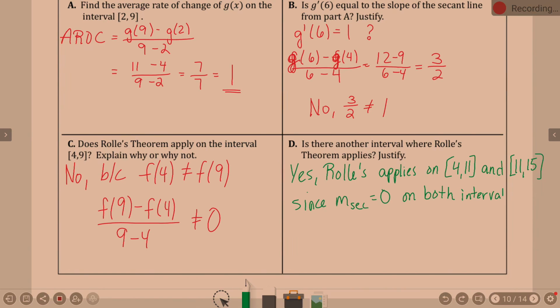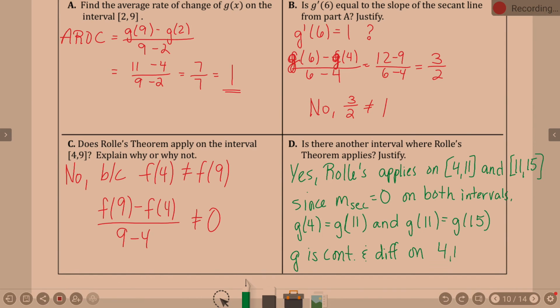You could also say that g of 4 equals g of 11 and g of 11 equals g of 15. Now, officially, to apply Rolle's, we should also mention that g is continuous and differentiable on 4 to 11 and 11 to 15.